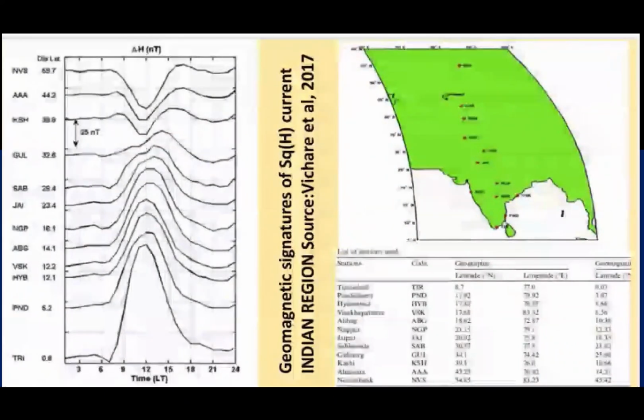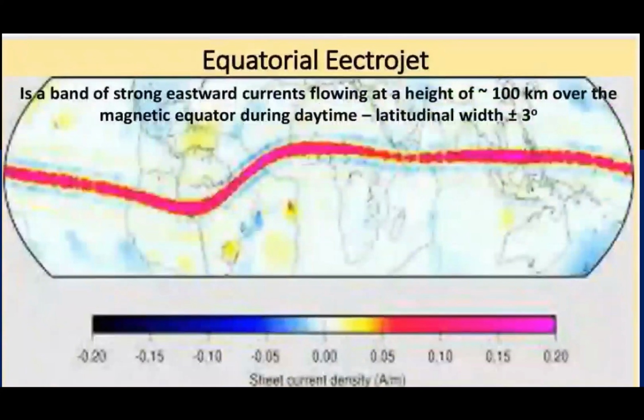So this is the SQ current, and because of some geometrical complications, the current at the equator is inherently large, but it becomes even much larger over a small thin belt of latitudes, plus or minus 3 degrees about the magnetic equator. This is the magnetic equator globally.